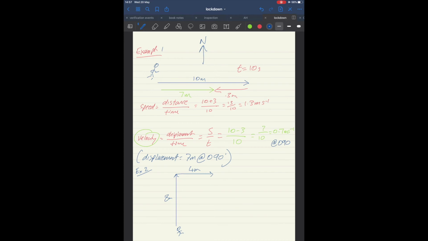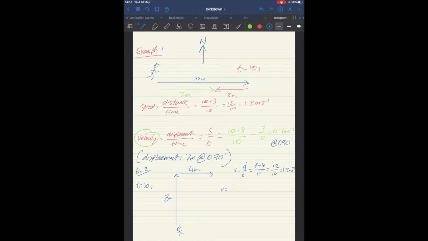Now go through the same thing. Let's make the time 10 seconds again, because that's easier for me. Let's say, what's their speed? Well, that should be easy, because speed equals distance over time. In this case, that's 8 plus 4 over 10, which gives you 12 over 10 equals 1.2 meters per second. Easy. But velocity is slightly different.